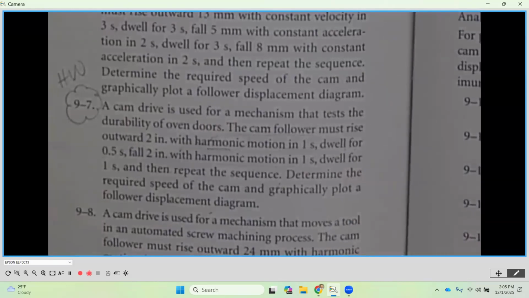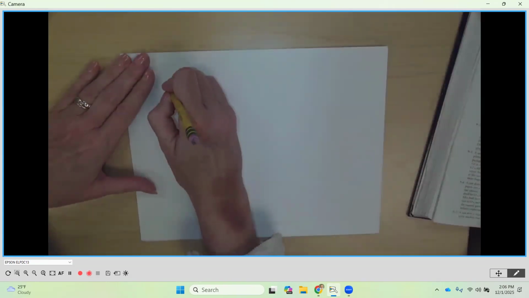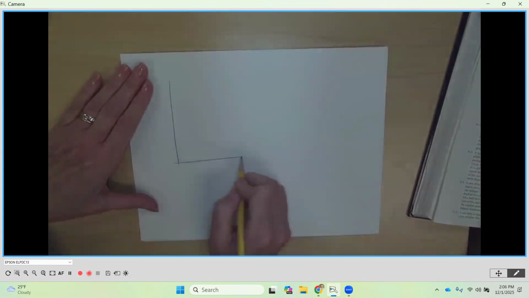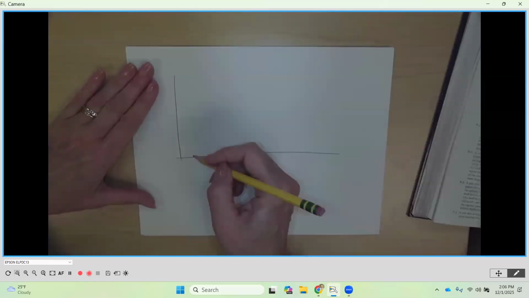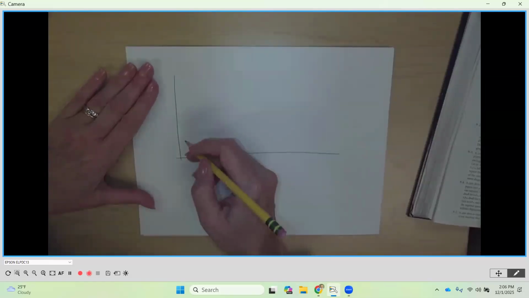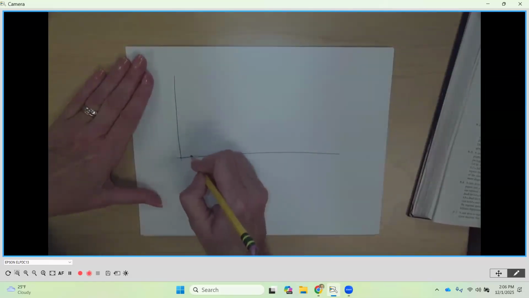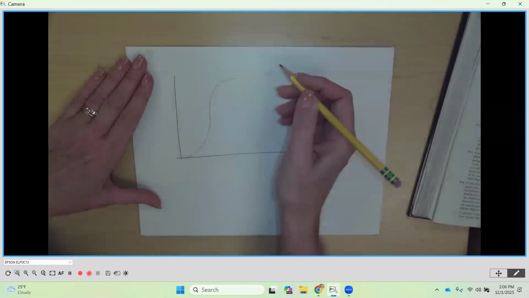Let's take a peek at what that displacement diagram is going to look like and what you're going to reference, okay? So go back underneath here. I'm only going to, in concept, show you the displacement diagram. You're going to figure out all the numbers, okay? So your displacement diagram is going to look something like this, okay? You're going to use harmonic motion. So you're going to go up like this, okay?